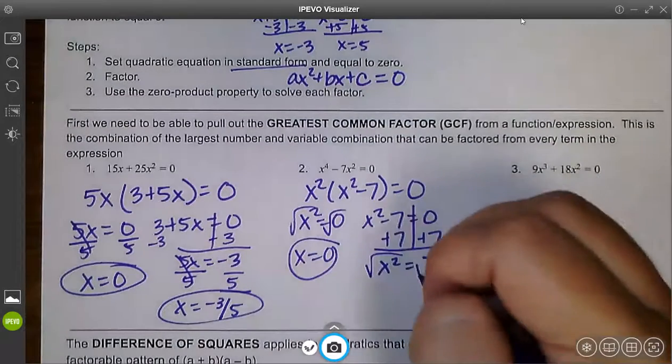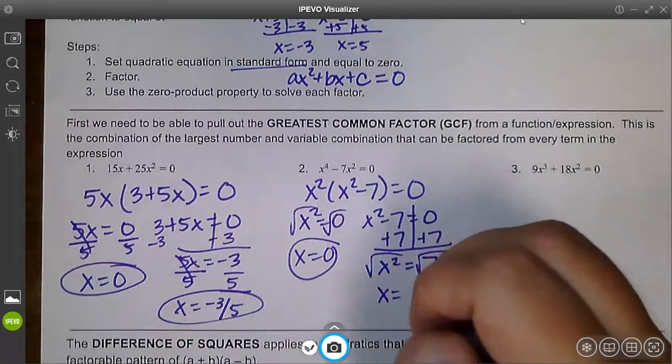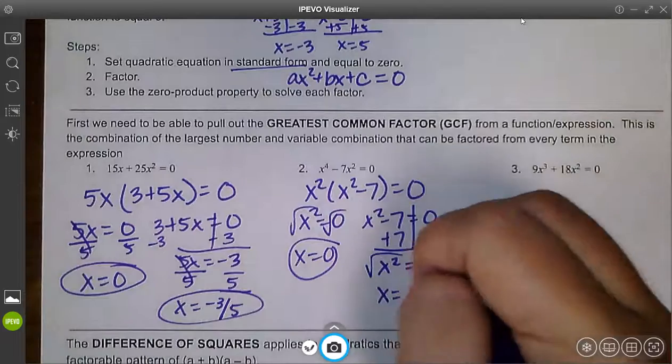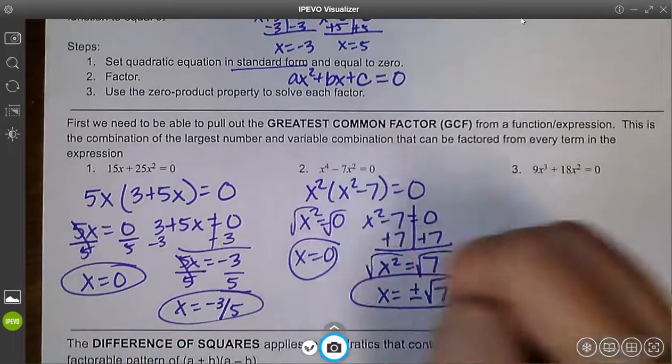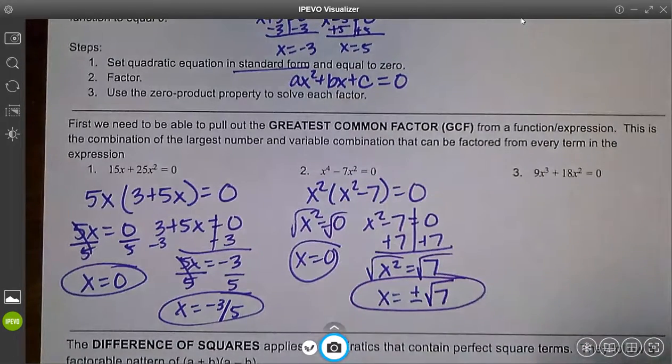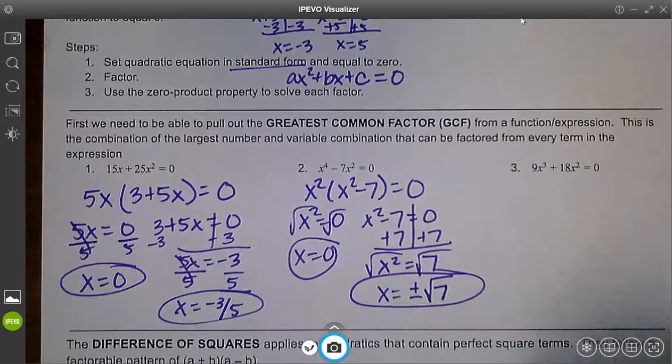Take the square root. Anytime you're solving an equation and you take the square root, you have to take the positive and negative square root. So we're going to say positive and negative square root of 7. You would simplify that radical if it was not already in simplest form. And if it asks you to round, then you'll type it in your calculator and round to whatever it asks you to round to.